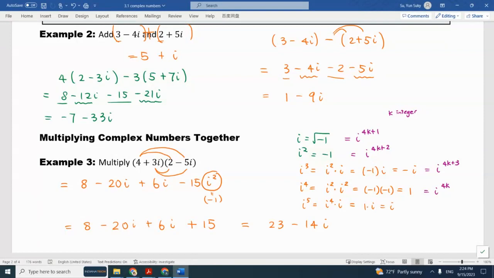Because 2023 divided by 4, what do you get? 505, and then the 2, not enough, 3, you need the 5. Your remainder is 3. So this is like i to the 4 times 505 plus 3. So you look at the remainder and then you can see.